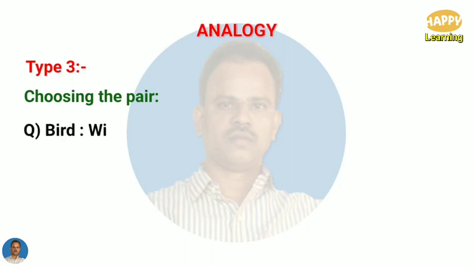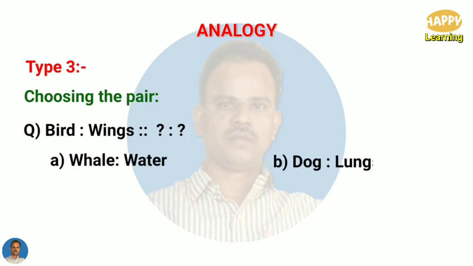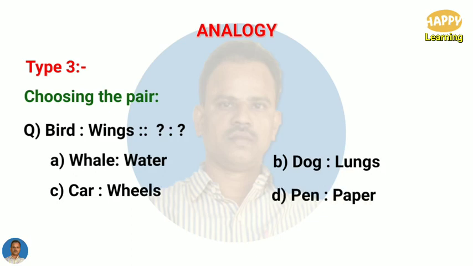Bird is proportionate to wings as question mark. Options: whale, water; dog, lungs; car, wheels; pen, paper. See, bird is related to wings.